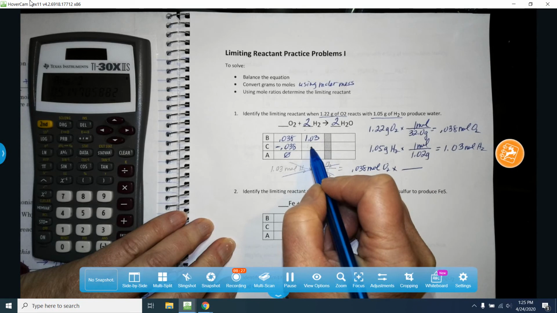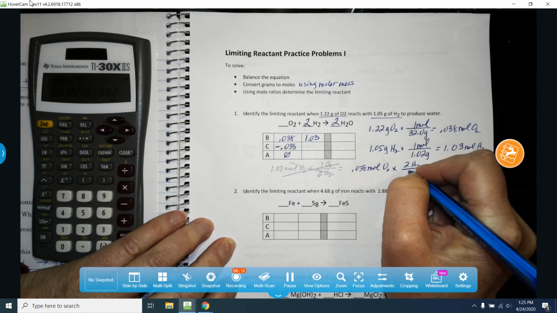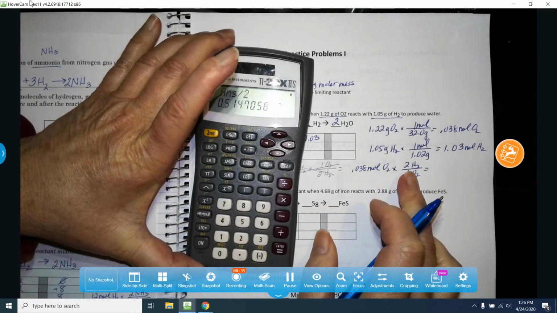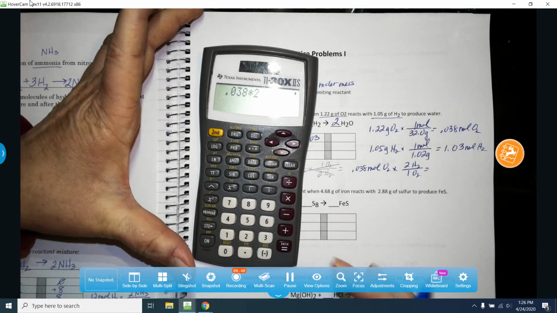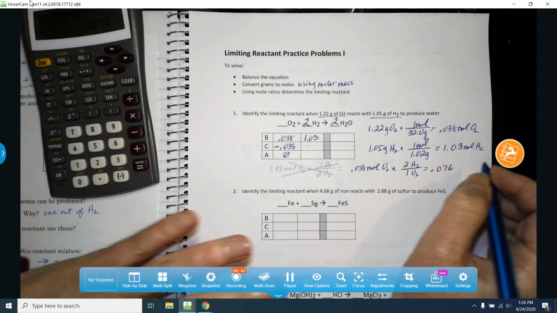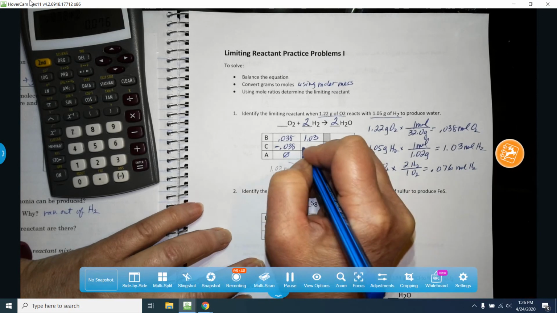This is what I want this time, so it's want over have. So 2 H2s over 1 O2. So I'm going to take that number and double it, 0.038 times 2, and I get 0.076 moles of H2.